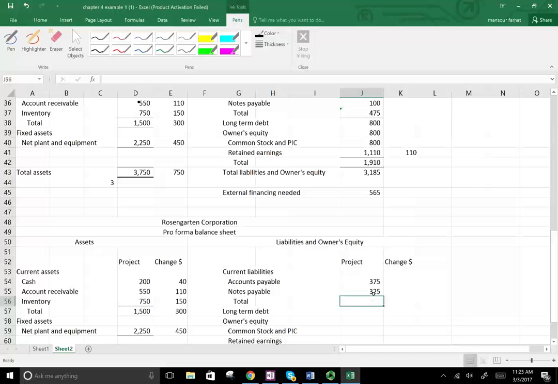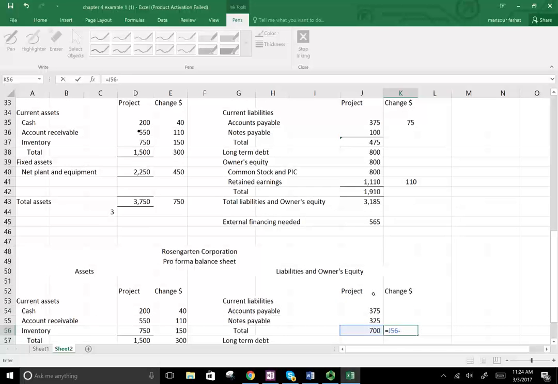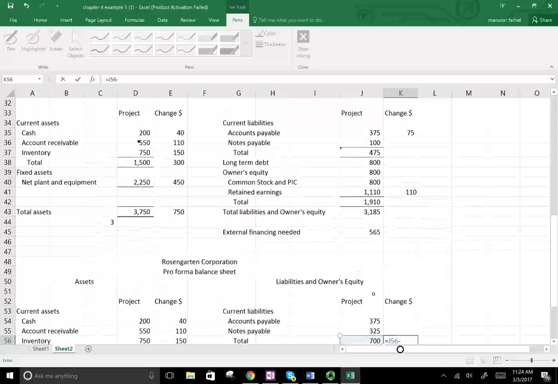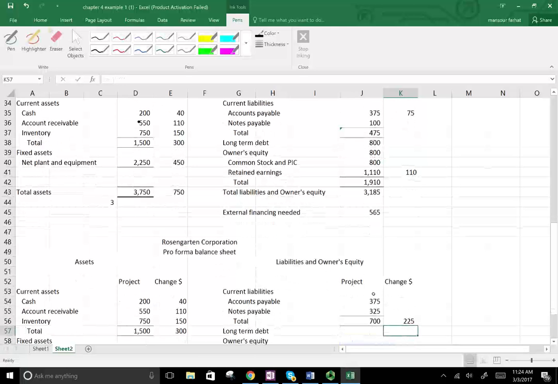So now we have current liabilities of 700, which make it an increase. If you're looking at 700 minus the prior current liabilities, we increased it by 225.